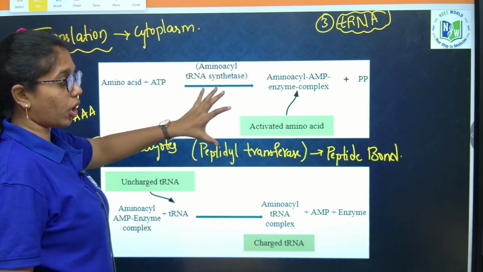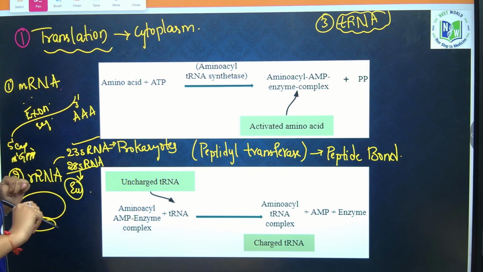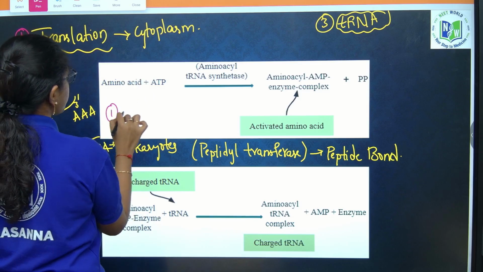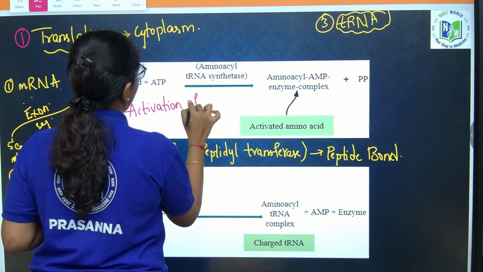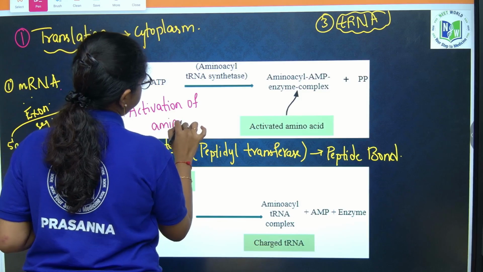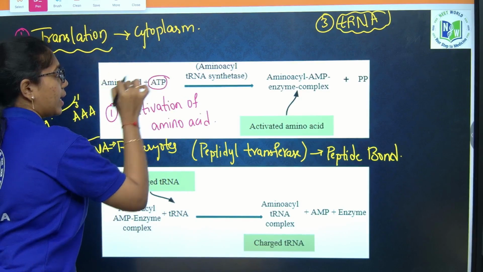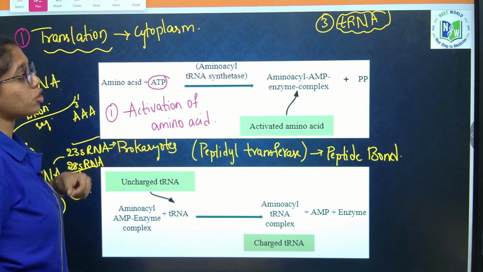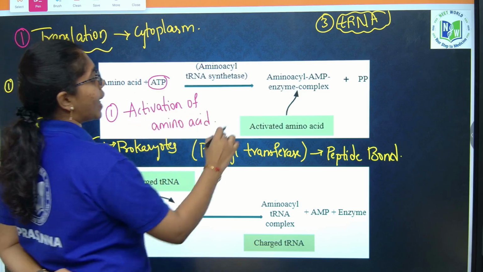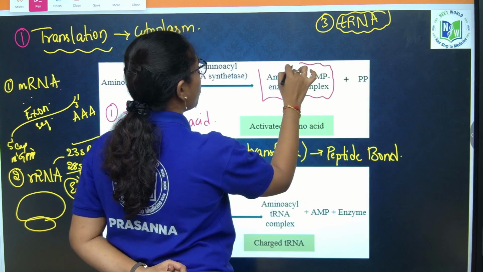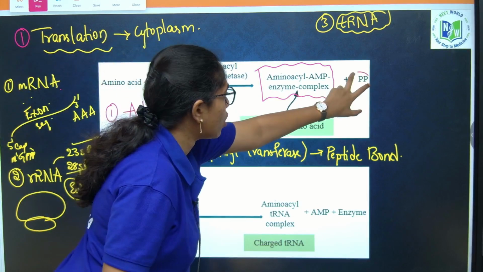First, for the translation process, two activities need to be done. One is activation of amino acid, wherein the amino acid along with the energy rich molecule ATP is combined in the presence of aminoacyl tRNA synthetase, and it forms a complex called aminoacyl AMP complex, and inorganic phosphates are released.